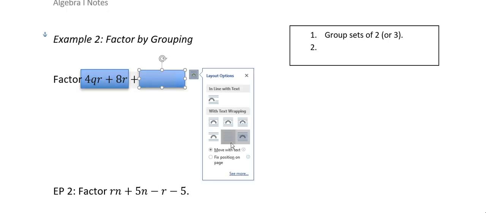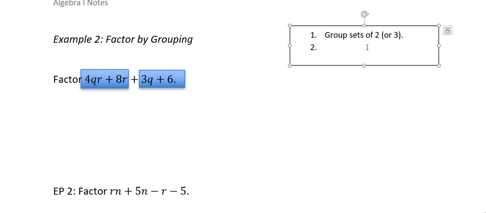I'm going to group 4QR and 8R, and I'm going to group 3Q and 6. And it doesn't matter if it's factorable by grouping. You can literally pair any 2 together and you will still make it to the right answer. There's not a right or wrong thing to choose, but a lot of times they're going to lay it out for you in such a way that the first 2 work together and the last 2 work together.